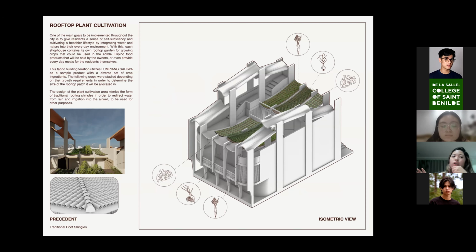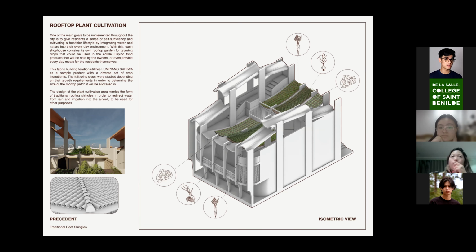So one of the main ideas that we wanted to put into the fabric building was the rooftop plant cultivation areas. So we thought of this so that the residents would have a sense of self-sufficiency and cultivate a healthier lifestyle on their own by integrating water and nature into their everyday environment.